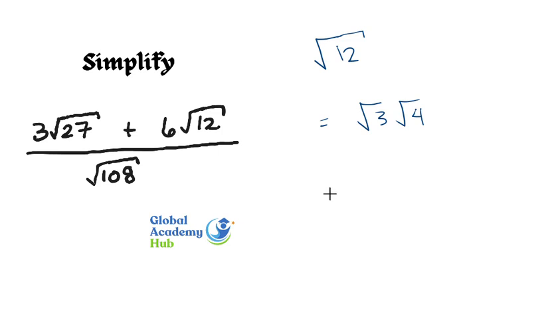This is also the same thing as the square root of 6 multiplied by the square root of 2. In other words, we can break down these radicals by finding factors of the numbers underneath the radical sign. So keep that principle in mind.